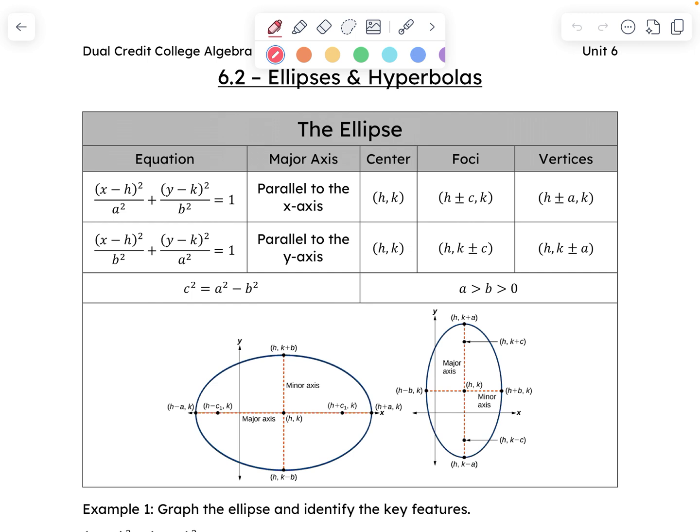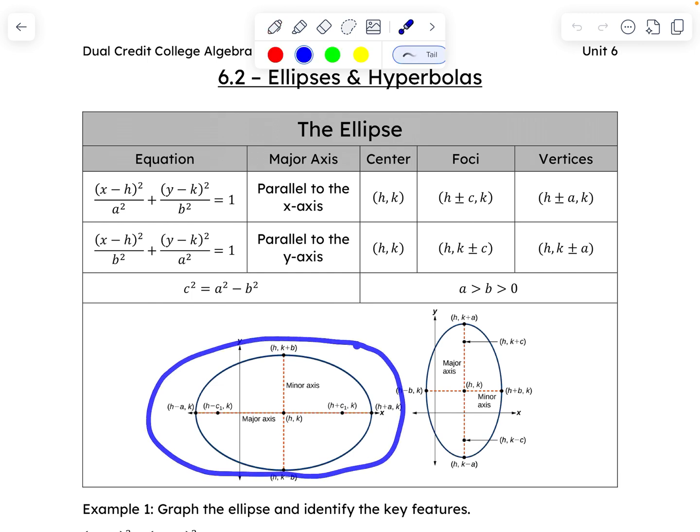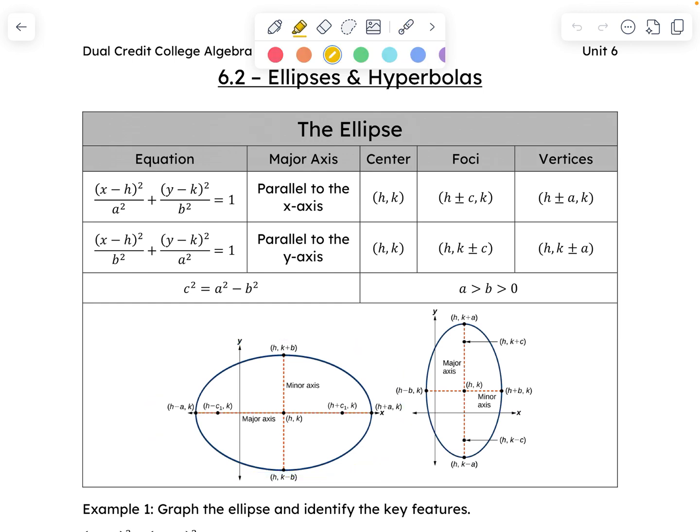So when you're looking at an ellipse, it's kind of like an oval shape, but it's got a little bit more specifics than just an oval. If it is parallel to the x-axis, that would be this one. What that means is that your bigger number is under the x.